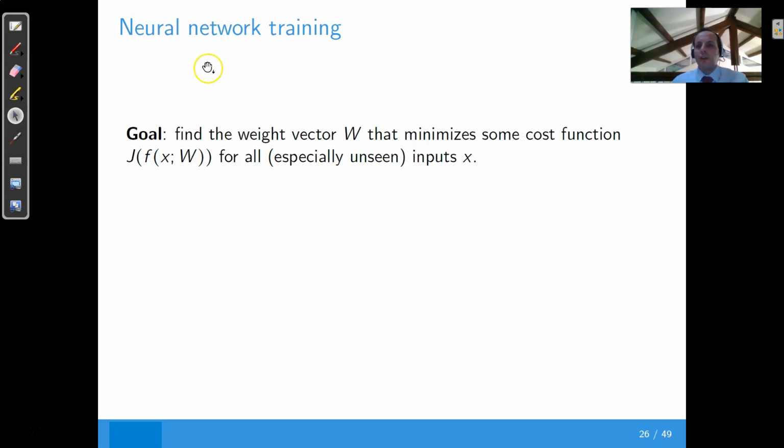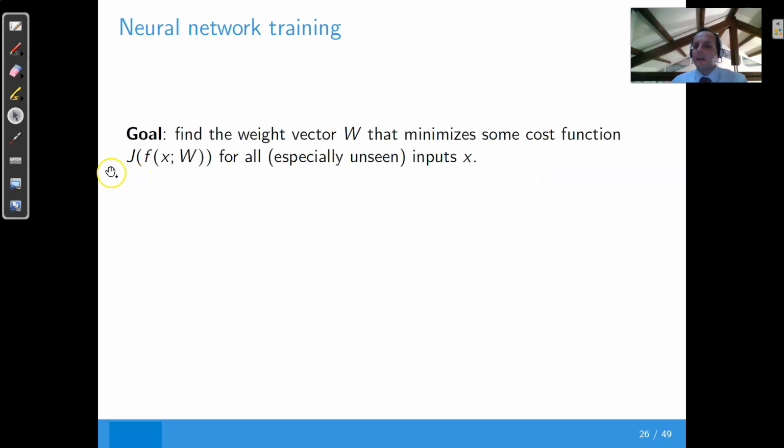So according to the neural network training problem, the goal is to find a weighting vector W, which contains all the possible weights, by minimizing a cost function, or loss function, because it's a function of the unknown parameters.